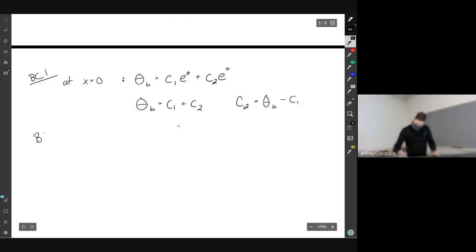Now our second boundary condition is at x equals L, saying that the derivative equals 0.